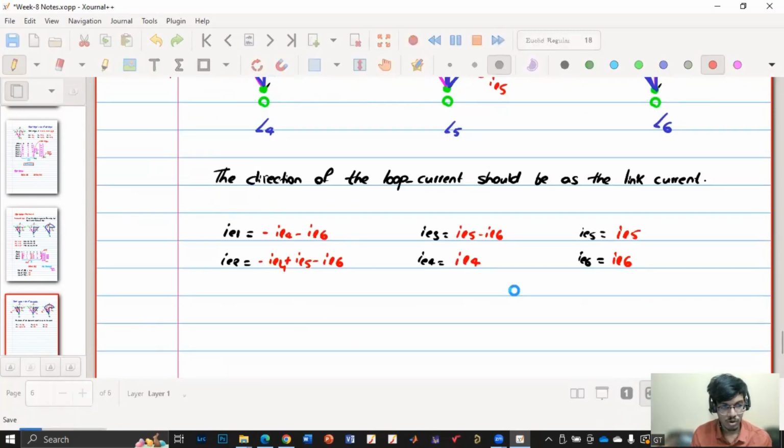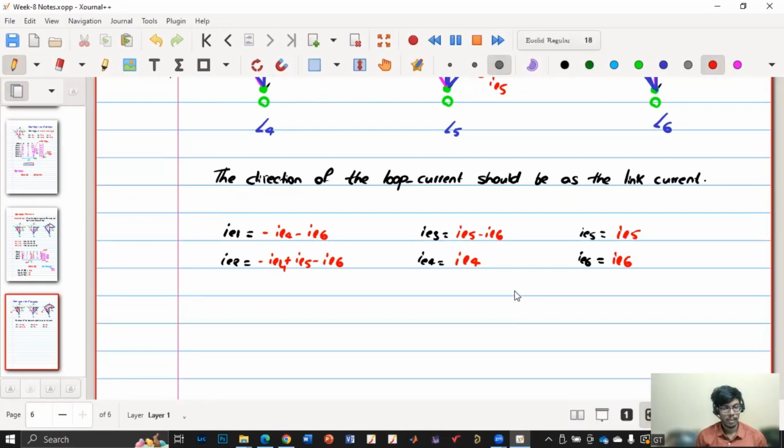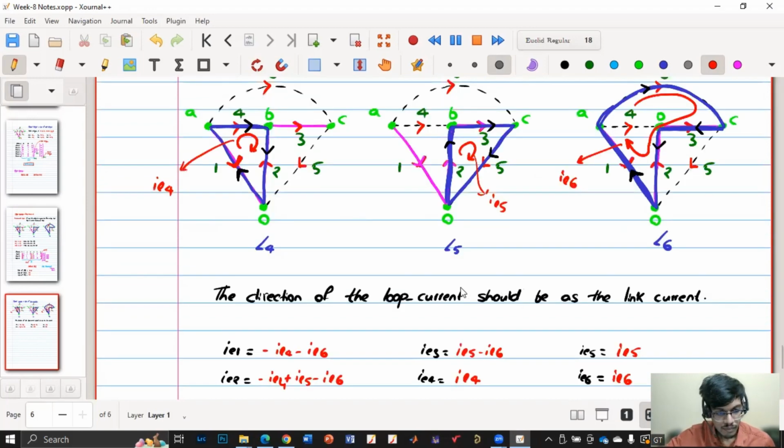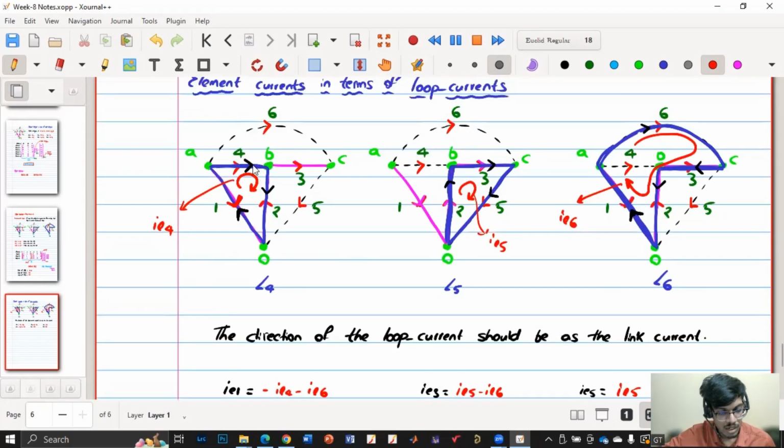Are you able to follow? Sir, can you repeat it, please? Okay. Yeah. First, we have considered the loop currents by closing the loops. And inside each loop, we have to consider the loop current.